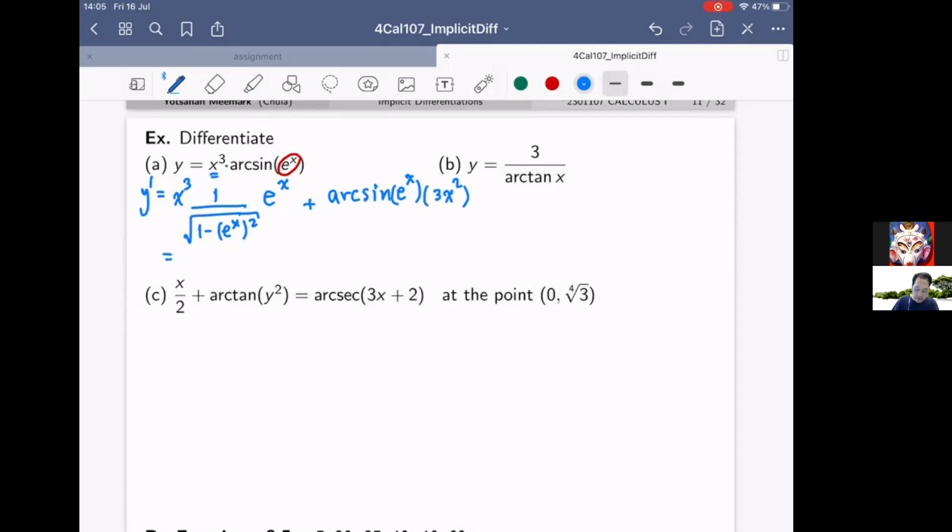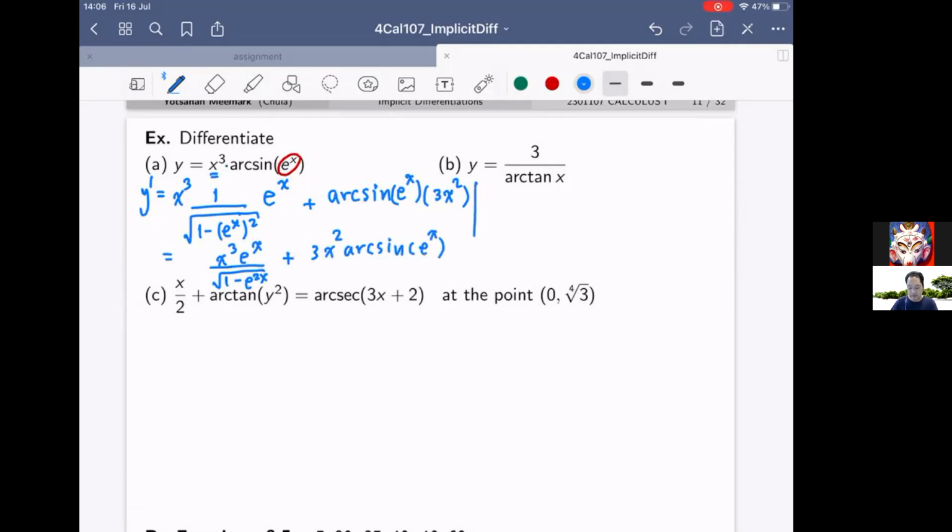This one can be simplified a little bit into 1 minus e to the 2x, because e to the x squared is the same as e to the 2x, and then plus 3x squared times the arcsine of e to the x.